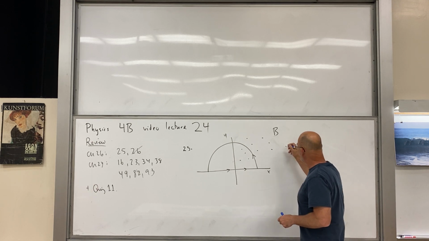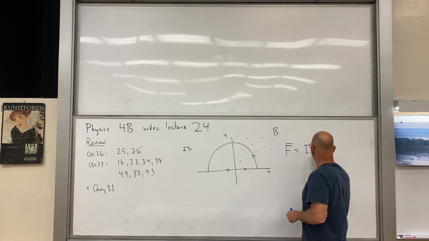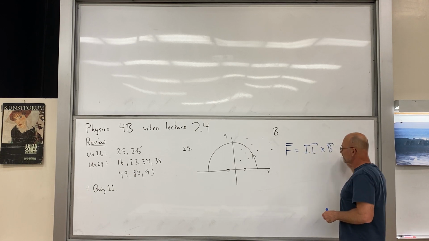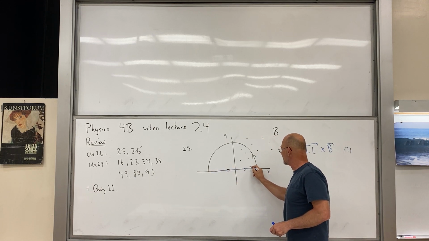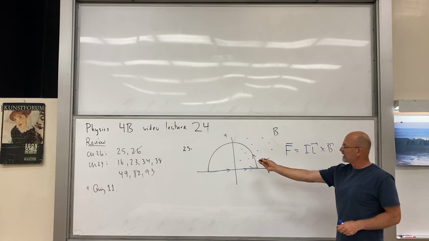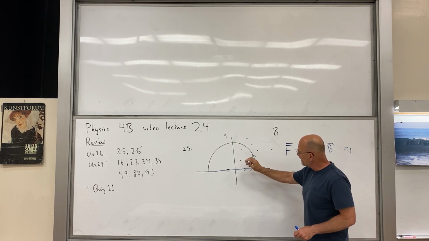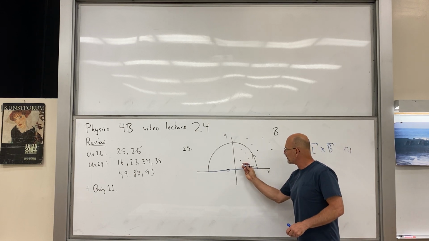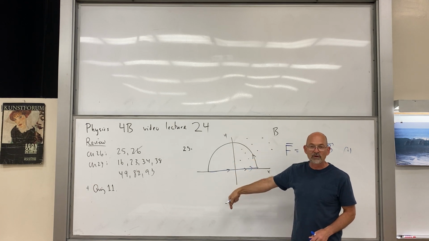Let's think about the force here. F equals IL cross B. I'll just call this part 1, for down here at the bottom. So IL is clearly pointing this way. B is out of the board, so when you cross that into B, you're getting a force in the down direction.